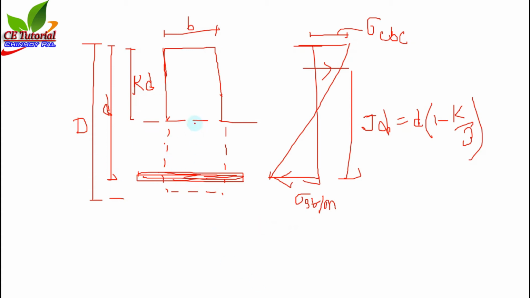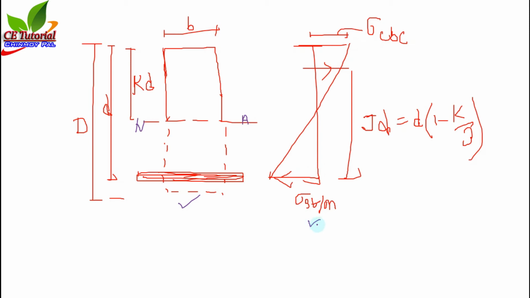Previously I have calculated the K value from this section, taking the moment of area about the neutral axis in compression side and also in tension side. Now you can calculate the K value from the stress diagram also.